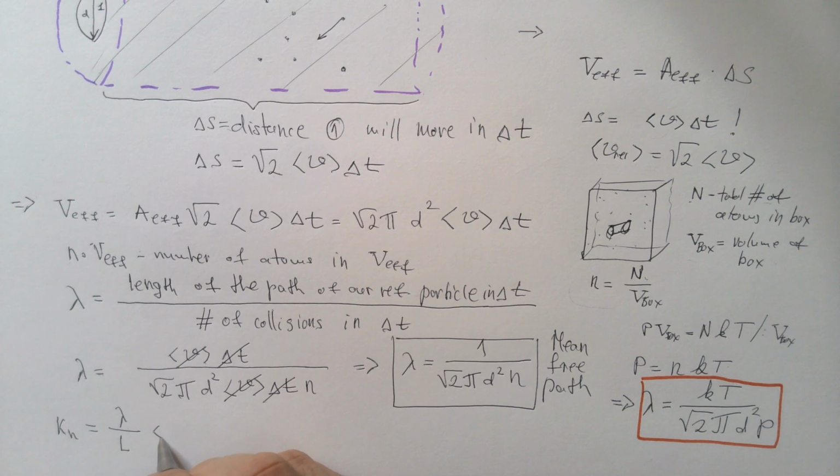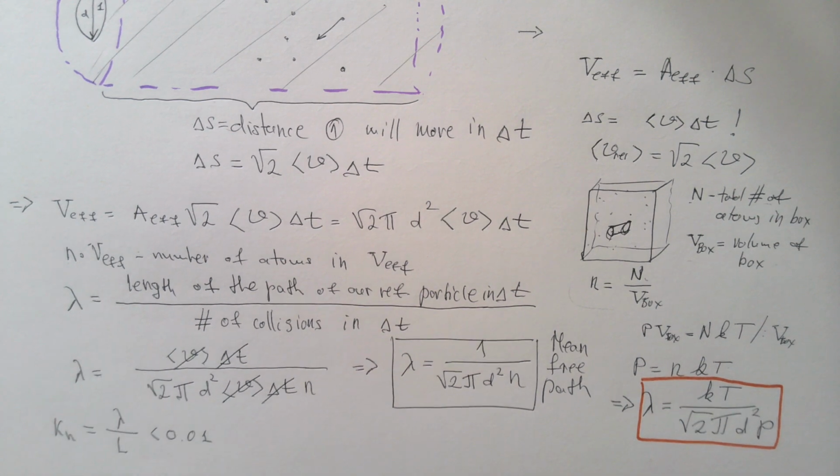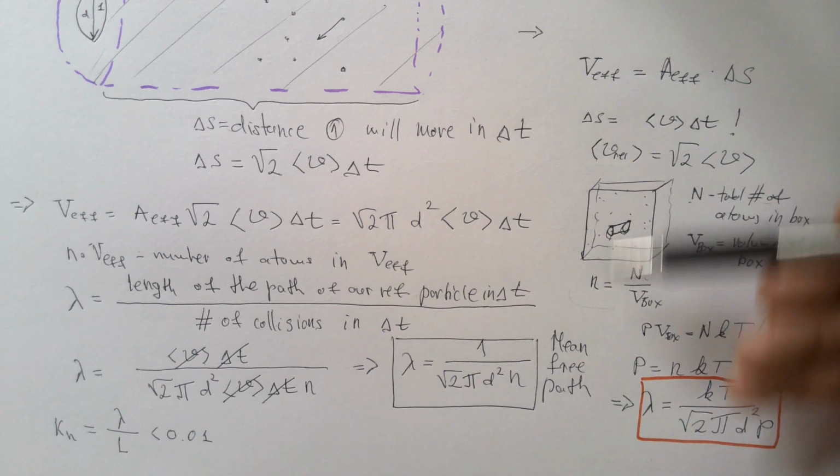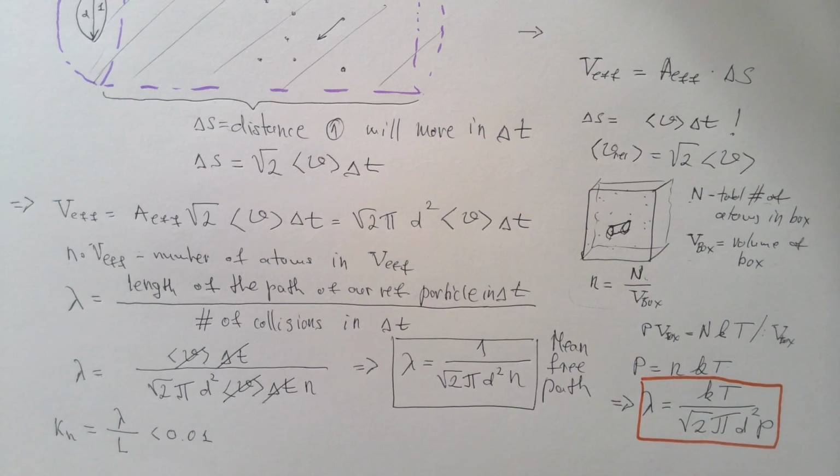If Knudsen number is smaller than 0.01, then we can use the assumption of continuum, and we can use Navier-Stokes equations that I derived. If, on the other hand, this is not satisfied, then Navier-Stokes equations cannot be used, and you have to use kinetic theory of gases.